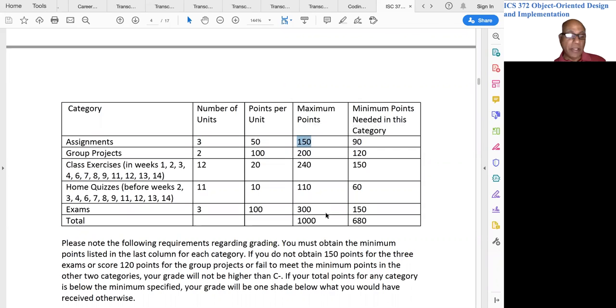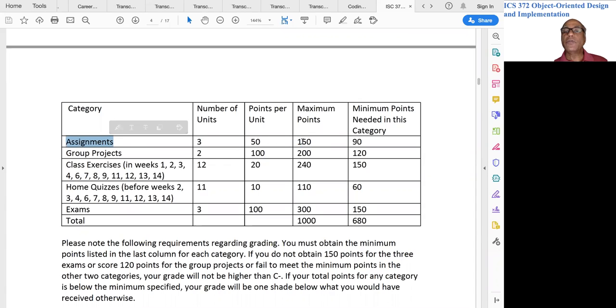I have taught this course ever since 2014 when it was designed. And almost in every course, there have been students who did not turn in the first assignment.